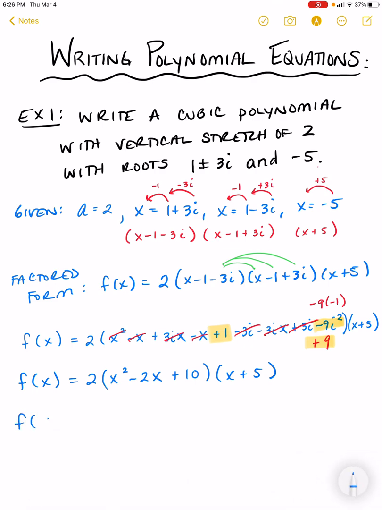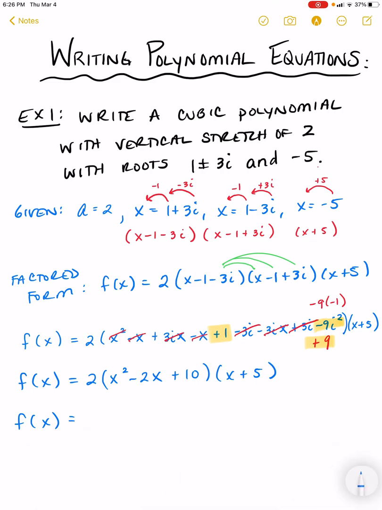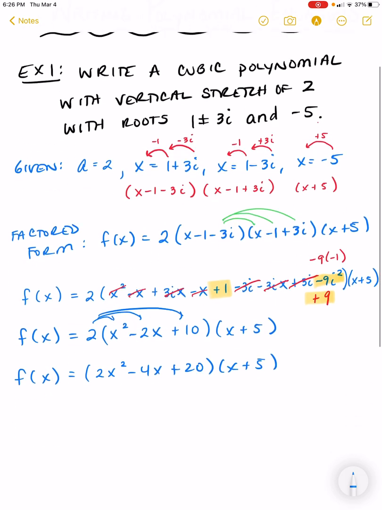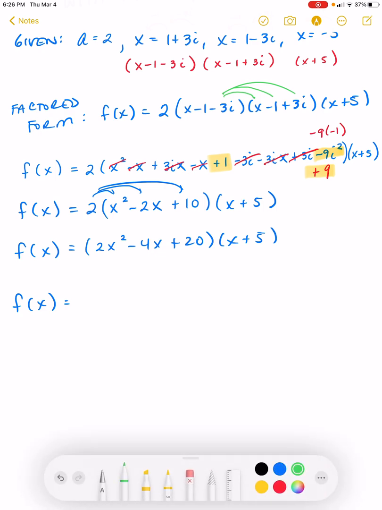It's really up to you, but I'm going to distribute the 2 first. And so we get 2x squared minus 4x plus 20. Then let's distribute out. My plan of attack is to take the 2x squared times both the x and the 5, so we'll get 2x cubed plus 10x squared.